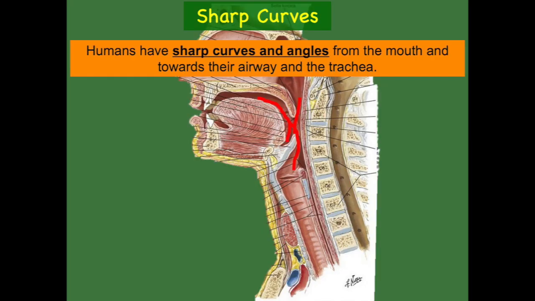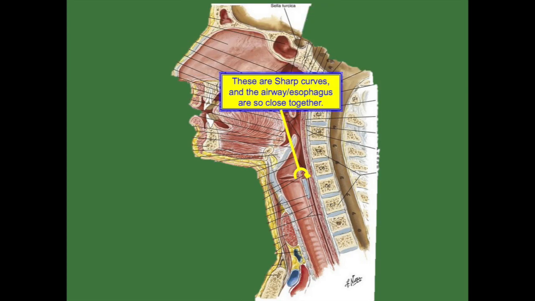Notice again that humans have sharp curves. I've outlined those in red from the mouth toward their airway and toward their trachea. There's a lot of chance for intersection and things not going the right way. So you see these sharp curves in the closeness of the epiglottis and the trachea, and the esophagus and the trachea.